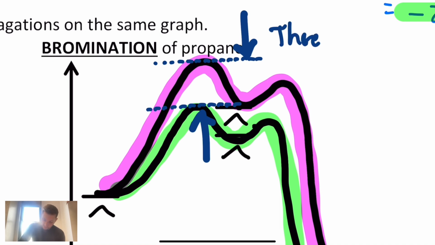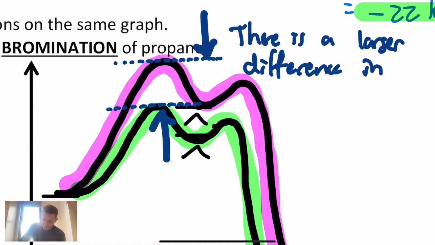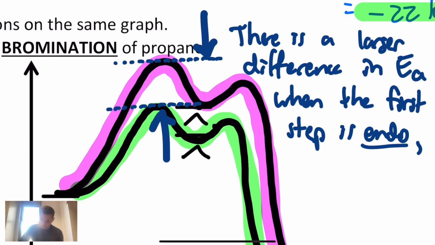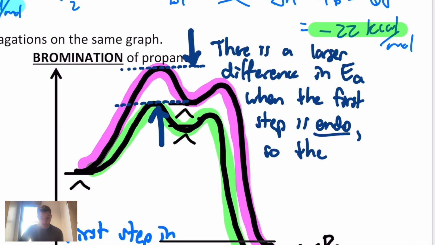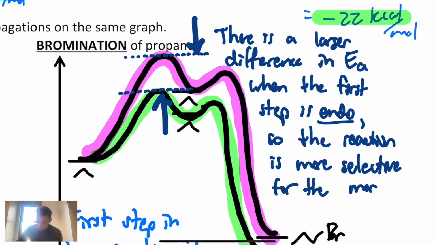There is a larger difference in activation energy, E sub A, when the first step is endothermic. So as a result, the reaction is more selective for the more substituted product.